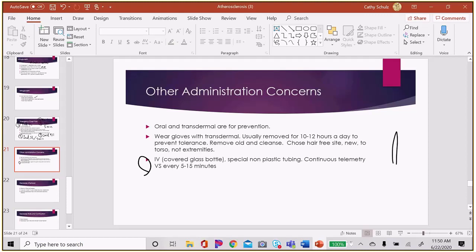So if this is the spike and this is the drip chamber and then that's the tube, normally that's fine for plastic. For a glass bottle, you have to have a vent to allow air to come out. Otherwise, the medication will stop flowing. So it has to be vented. And for nitroglycerin, it also has to be coated with nitroglycerin. So it's a special tubing that's used.